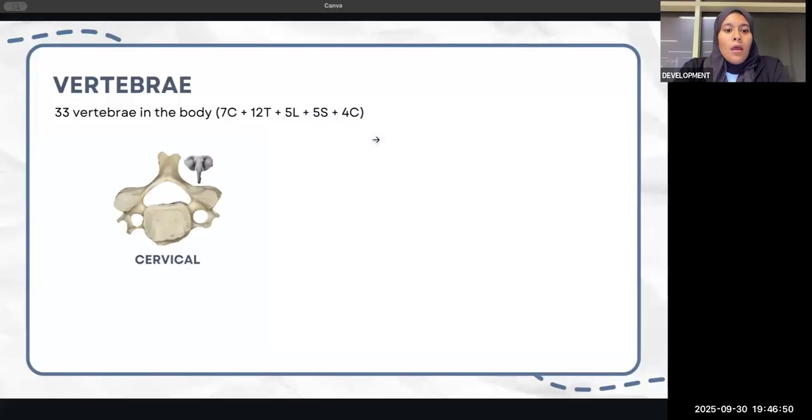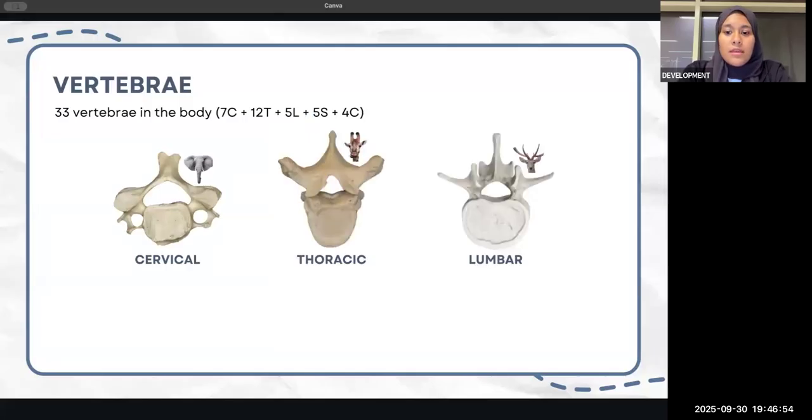And this is how it looks. We have cervical, thoracic, and lumbar. Cervical is the smallest out of the 3. A good tip to think about is that your spine starts off really small and then goes wide, so this is from smallest to largest, inshallah.